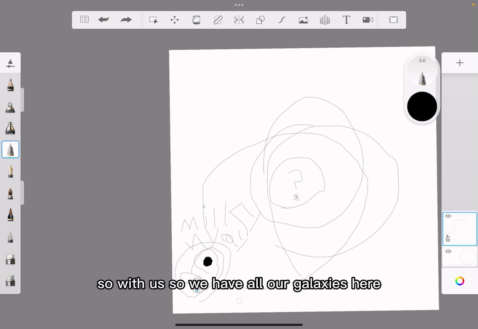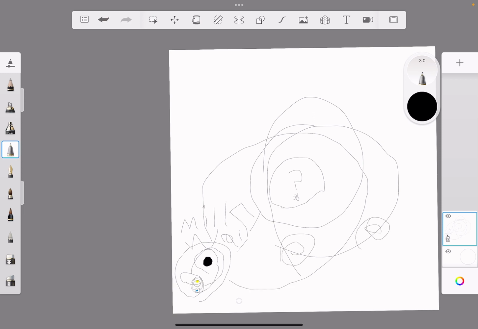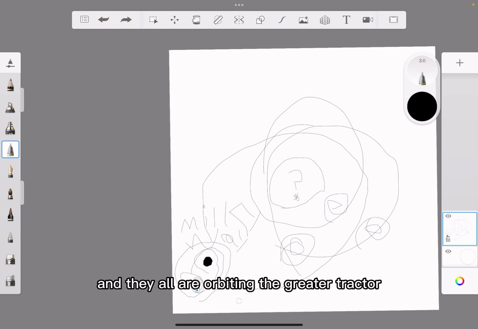So we have all our galaxies here, and they all are orbiting the Great Attractor, and this makes up our galaxy cluster, which is our nearby galaxies that orbit.